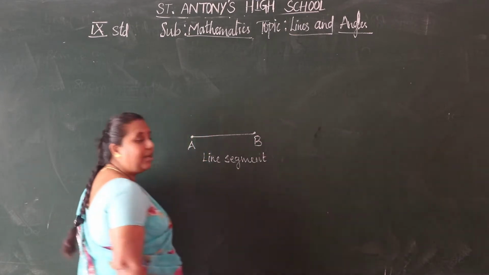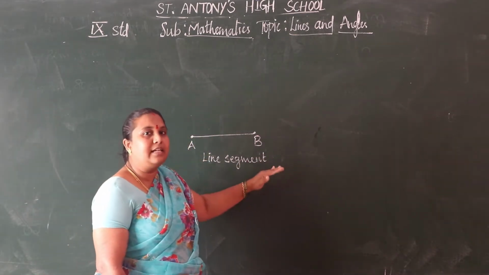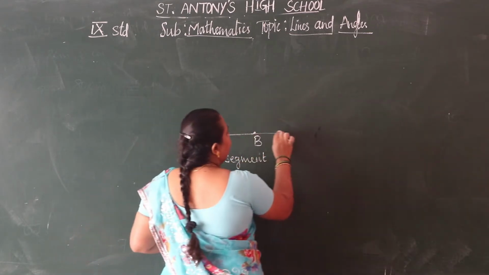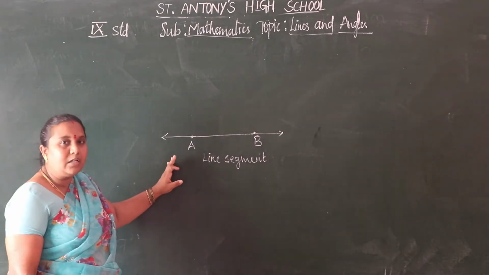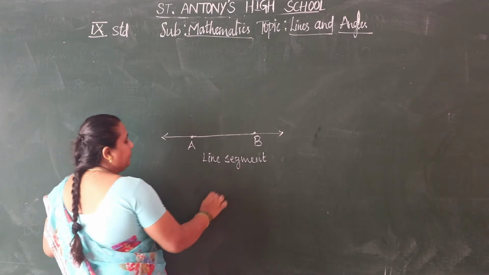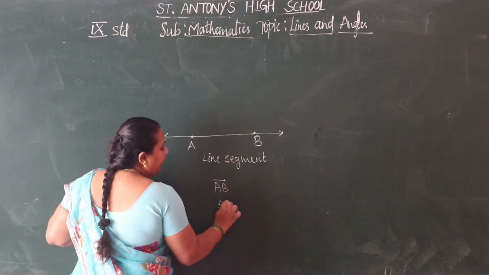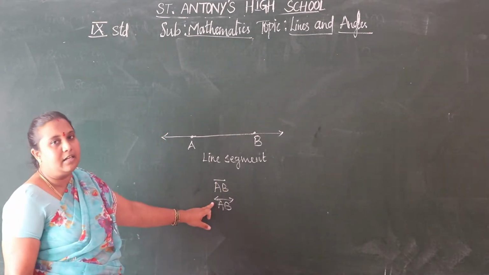Then we extend the line segment on both the sides. If it moves on both the sides, we can say it is a line. AB is a line segment, and when AB extends on both the sides, we say it is a line.